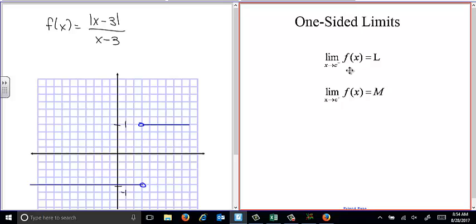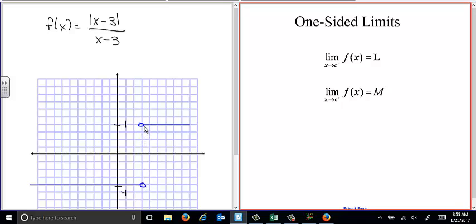The key thing is that these can be different numbers, just like this absolute value. If I approach x equals, in this case 3, from the left-hand side, the limit does exist, because as I get closer and closer to x equals 3, it looks like the function is going to be -1.